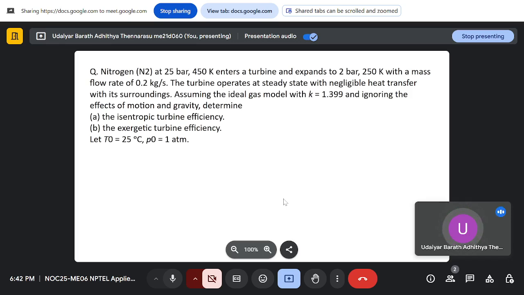The turbine operates at steady state with negligible heat transfer with its surroundings, assuming the ideal gas model with k of 1.399 and ignoring the effects of motion and gravity. Determine the isentropic turbine efficiency and the exergetic turbine efficiency. The ambient conditions are 25 degrees Celsius temperature and pressure of 1 atmosphere.